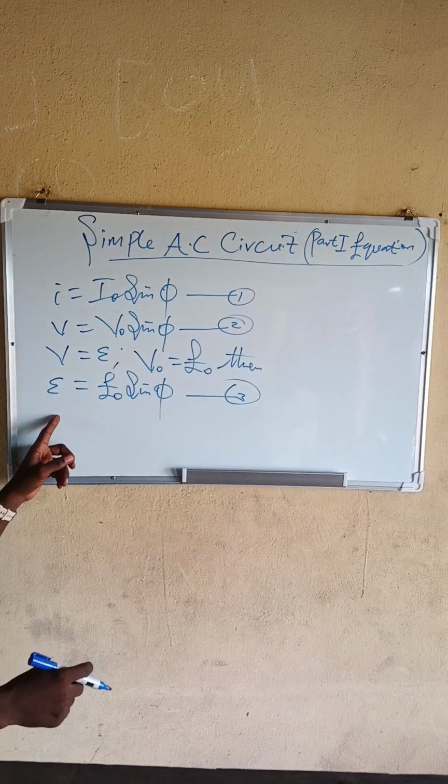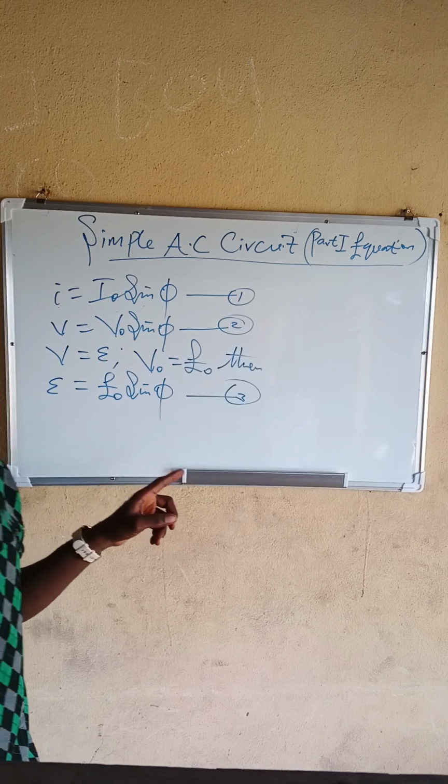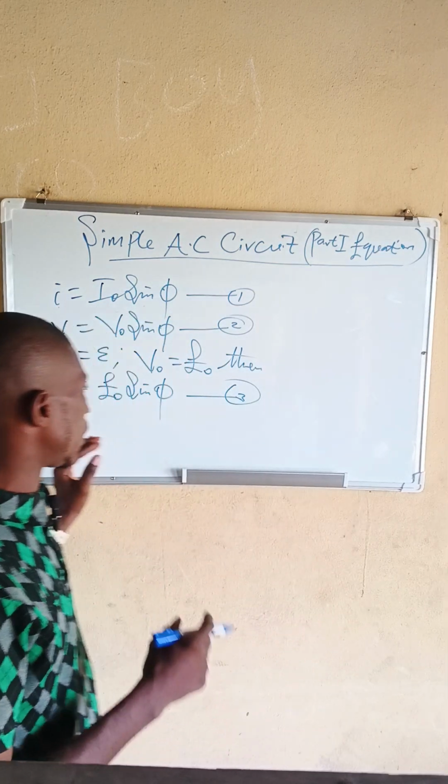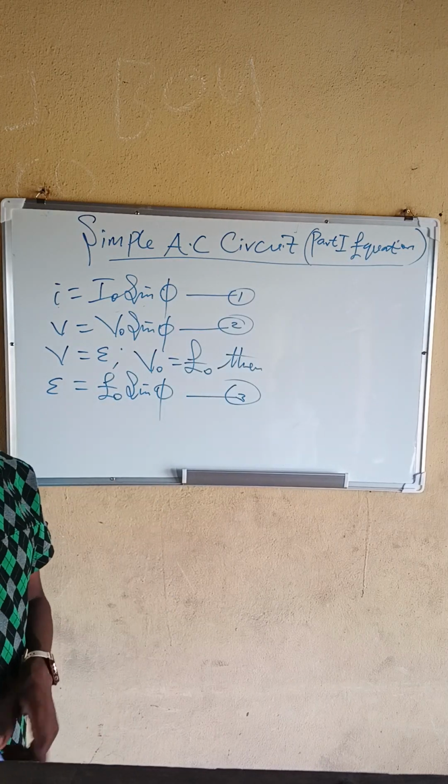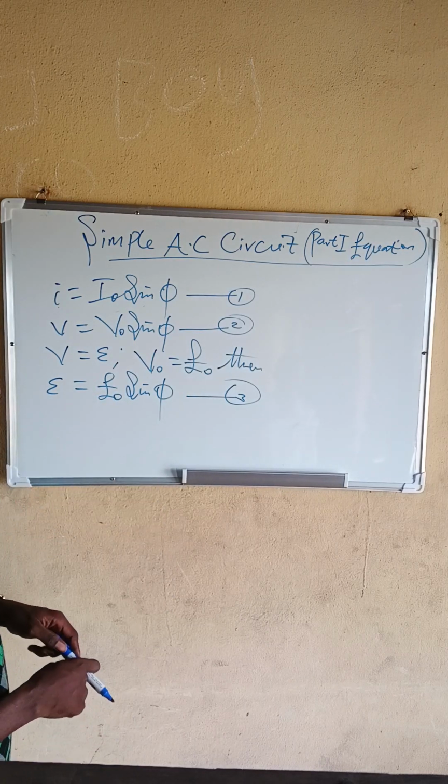This one is called instantaneous EMF. That is what this equation is called. And this E naught means peak or maximum EMF.